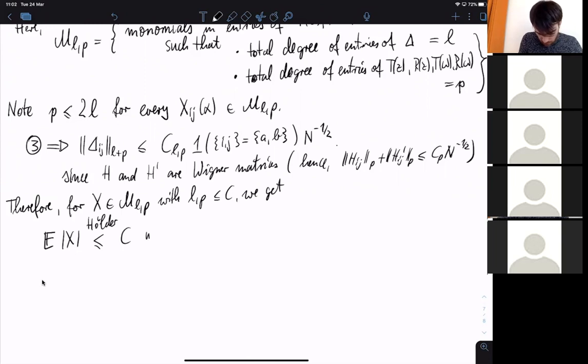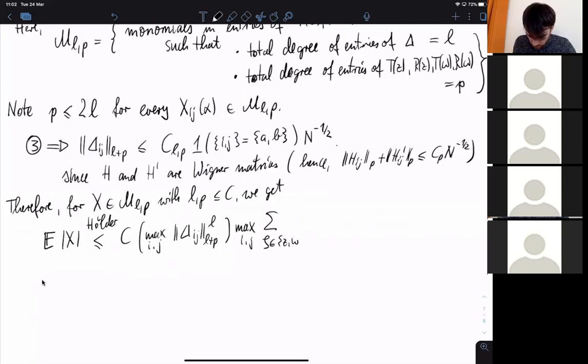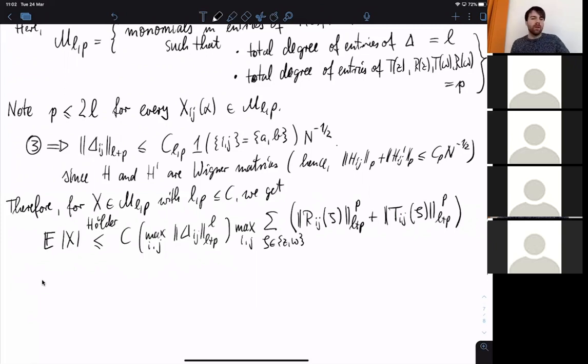Then this product I can write as, taking the maximum over all deltas that appear, there will be L of them, the LP norm, and then I have P R's, so they look as follows: zeta Z W R I J zeta. Then I have also the L plus P norm, and then I have P of them. And the same, there are also T's.